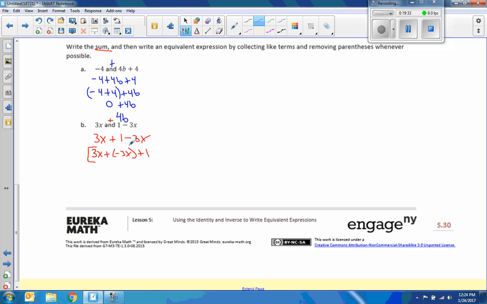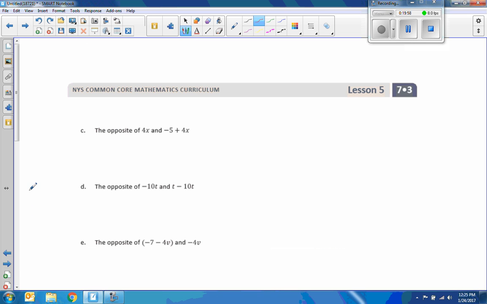I'm then going to do this portion here. 3x plus a negative 3x is 0. That's the additive inverse. Add inverses gets you the identity. Okay, this is my identity. And then take the identity plus 1, gives me that number back. That is the additive identity of 0. Okay?